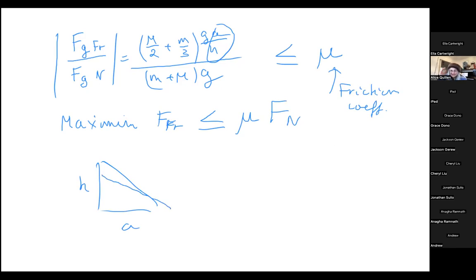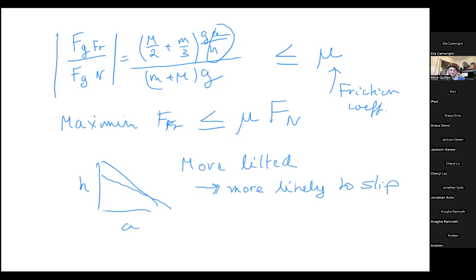It gives you this feeling that the more tilted over the ladder, the more likely you are to slip. But this actually gives you a condition for how far over you could go if you knew the friction coefficient. So if it's more tilted, then it's more likely to slip.